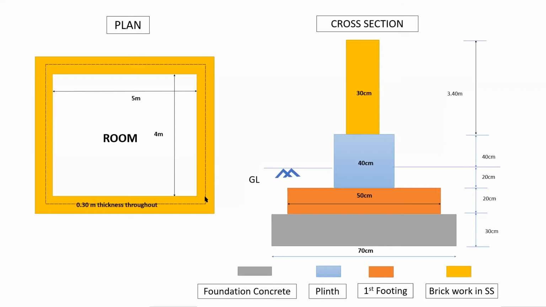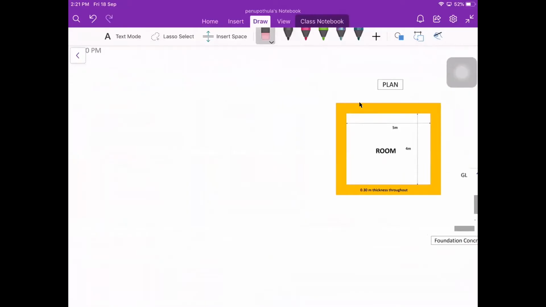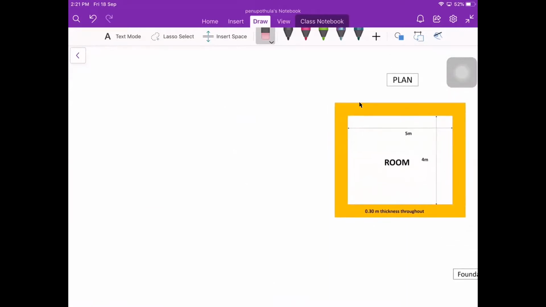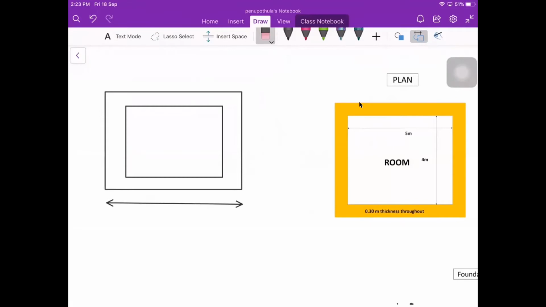Fantastic. So in order to find out the quantities, what we need to do? We are doing it by using the long wall short wall method, right? So this is your plan given, 5 meters by 4 meters. This is the out to out length of the long wall.